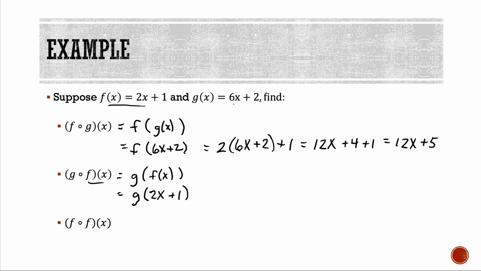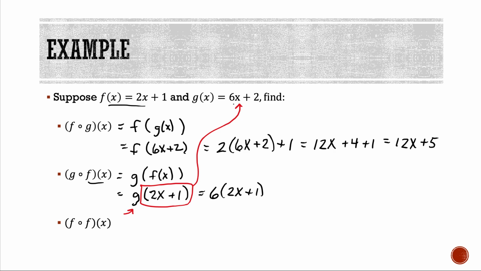All right, from there, we'll go to the g function. We'll take this parenthesis part and we'll plug it in wherever there's an x. So rewriting my g function, I have a 6. I see the x, so I'm going to substitute in my parenthesis.